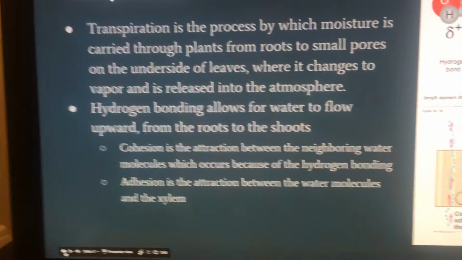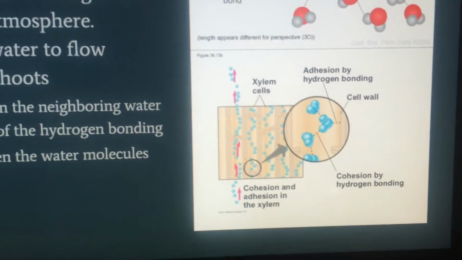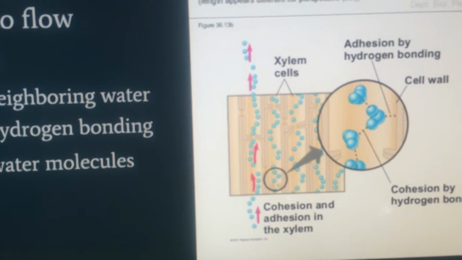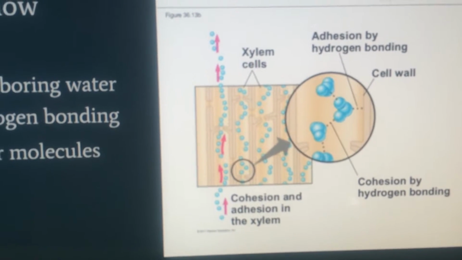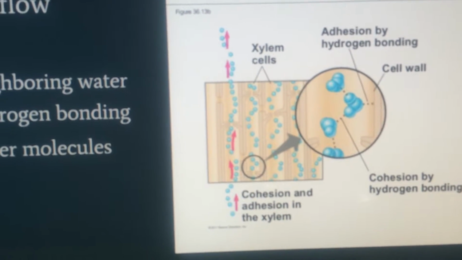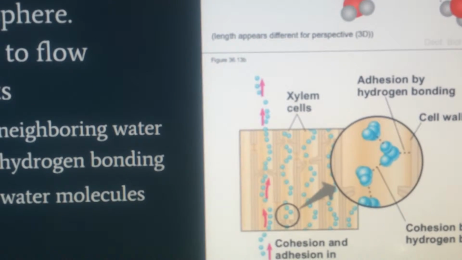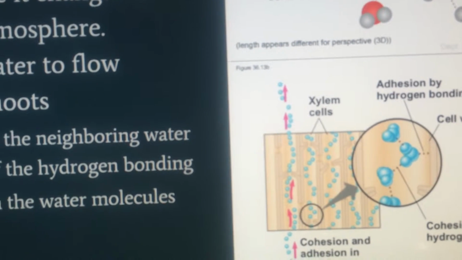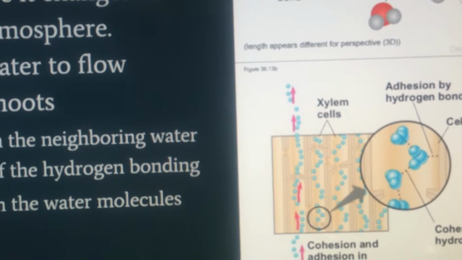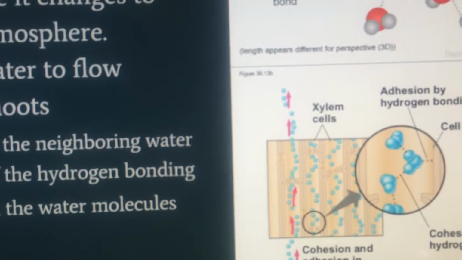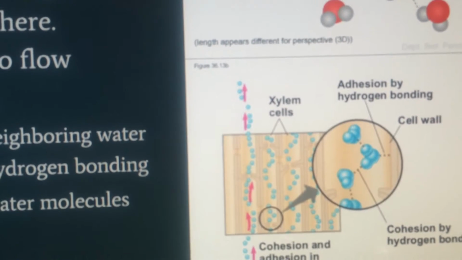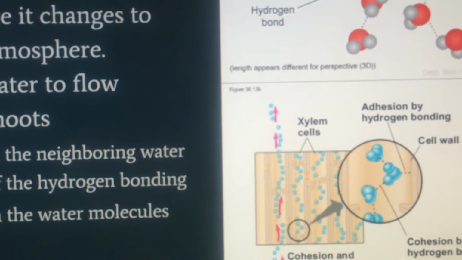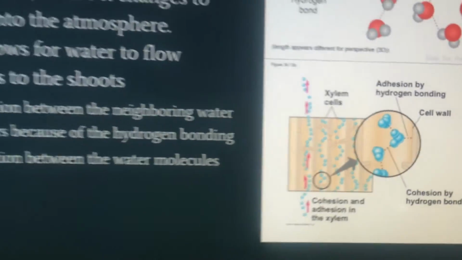So the cohesion within the water molecules allows it to attract to neighboring molecules, as you see, and attach to each other with hydrogen bonding. Adhesion, though, between the xylem and the water molecules, or the cell wall molecules, allows the water molecules to travel upwards through the roots, allowing it to reach the bottom of the leaves and go into the atmosphere.